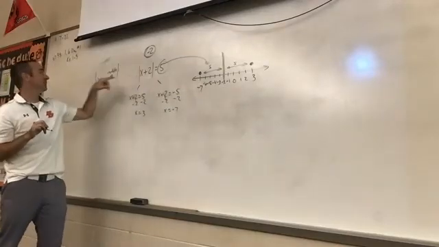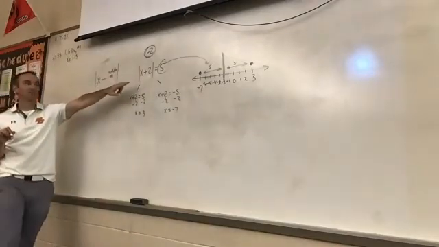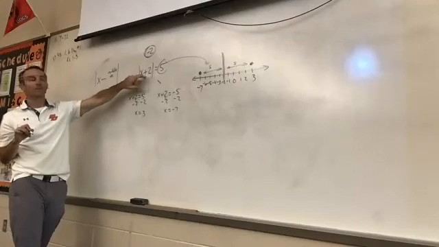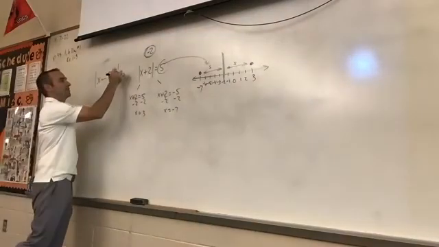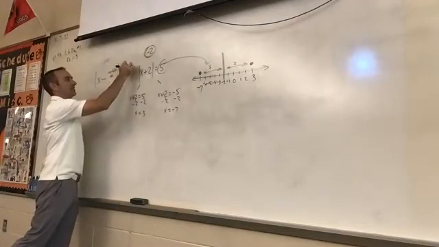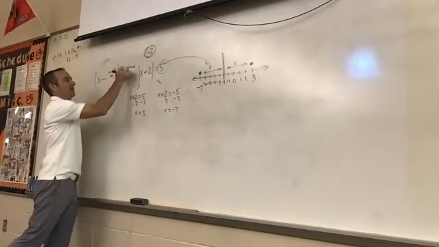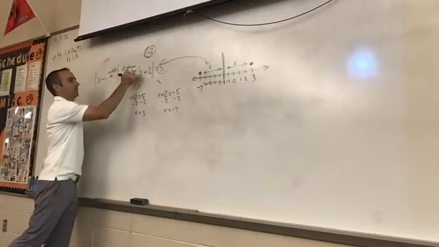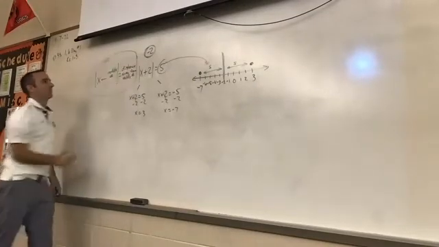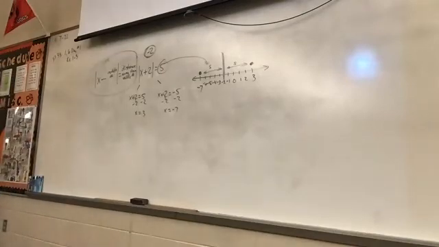Minus a negative is like adding 2. That's why it's a plus there. So it's always x minus the middle number is equal to the distance away from the middle number.